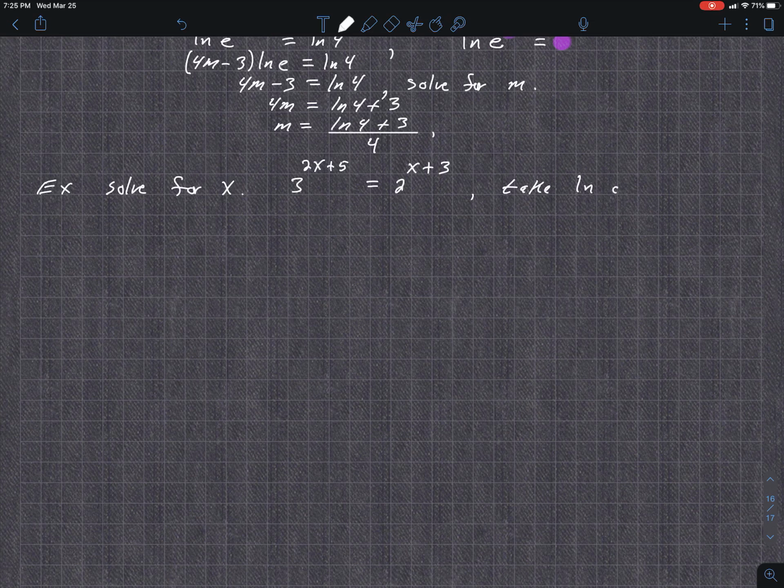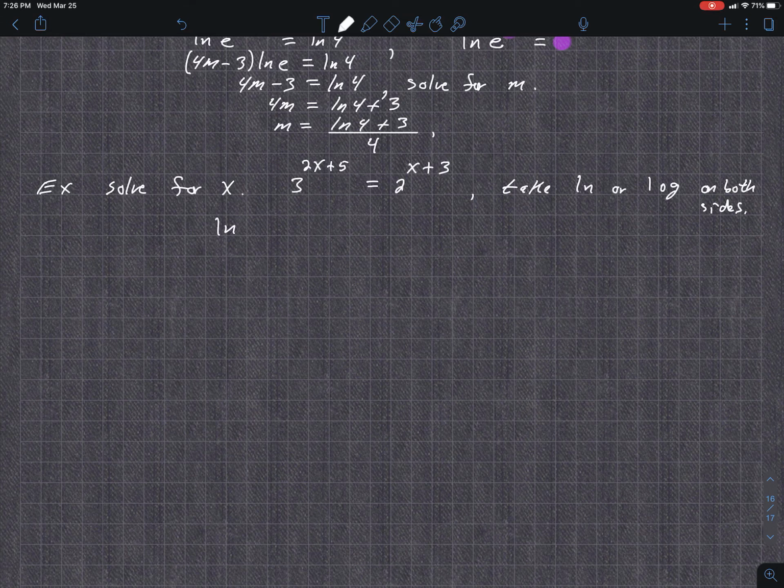So take ln or log on both sides. Doing that will allow us to bring down that power, just like before, and then we can solve it as we did. So this is about the extent of these types that I'll give you, so expect one like this.